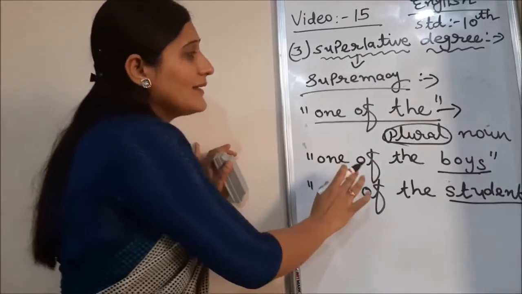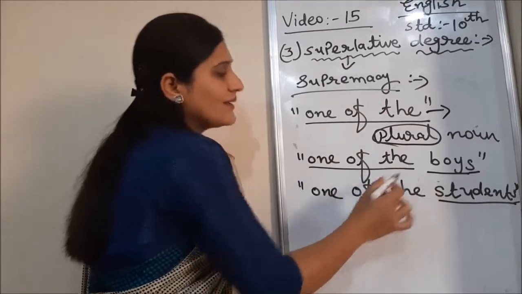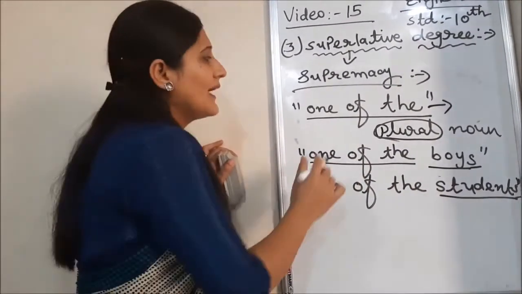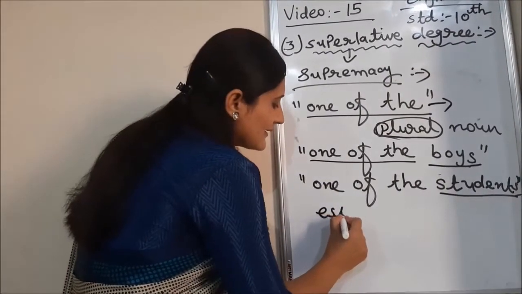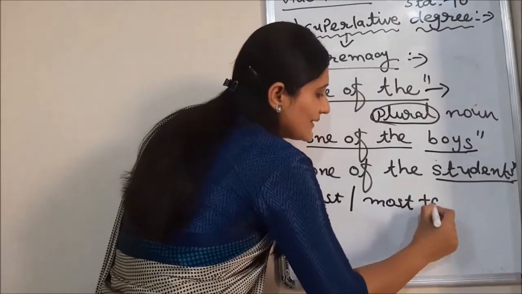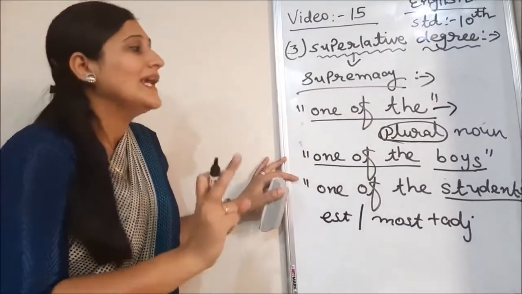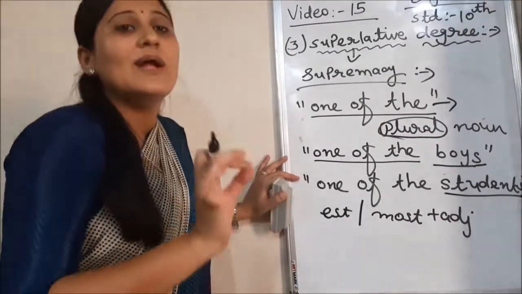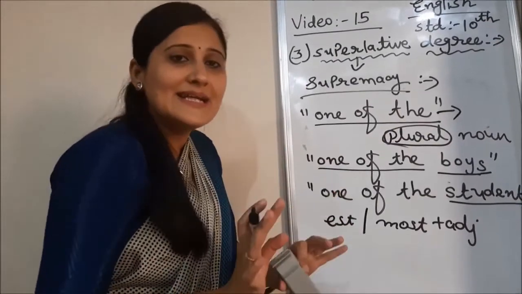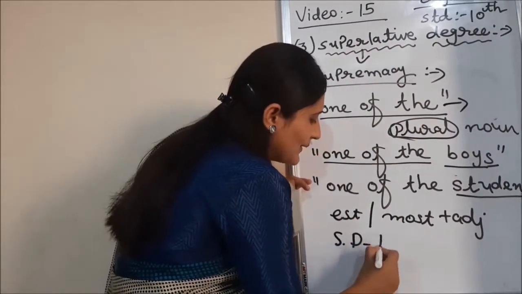So see, in superlative, it will be "one of the" given. Then how to change into CD and PD, that I will tell you. And if est that I talked about earlier, or most plus adjective is given, then how to turn into CD and PD, that also I will tell you. Don't be confused. I will explain in detail how to turn from SD to PD.